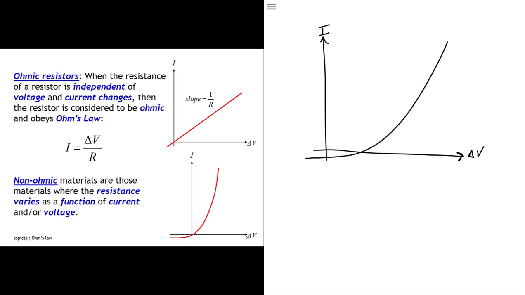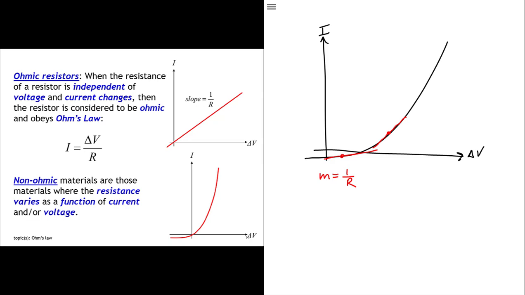When we have a small potential difference here, notice we have a small slope of the line. And remember that small slope corresponds to a large resistance, because in this graph, resistance is equal to the reciprocal of the slope, which means that as potential difference increases, the resistance decreases because the slope gets bigger.